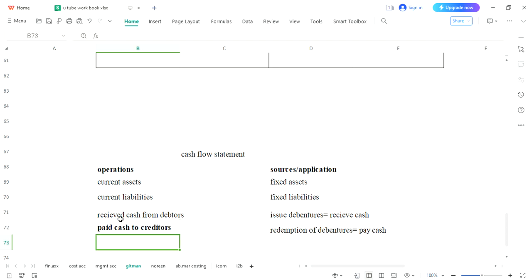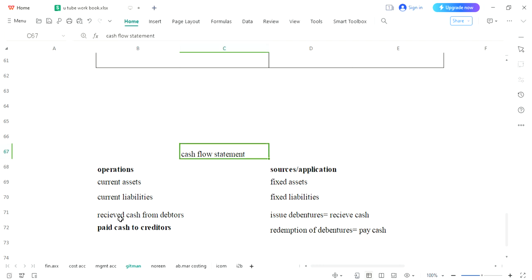This is another example. So in the cash flow statement, how you will define where cash has gone: there are two different sources, operations and then application and sources. Operations are associated with current assets and liabilities. Sources are associated with fixed assets and liabilities. There you will judge whether you are receiving cash or paying cash.